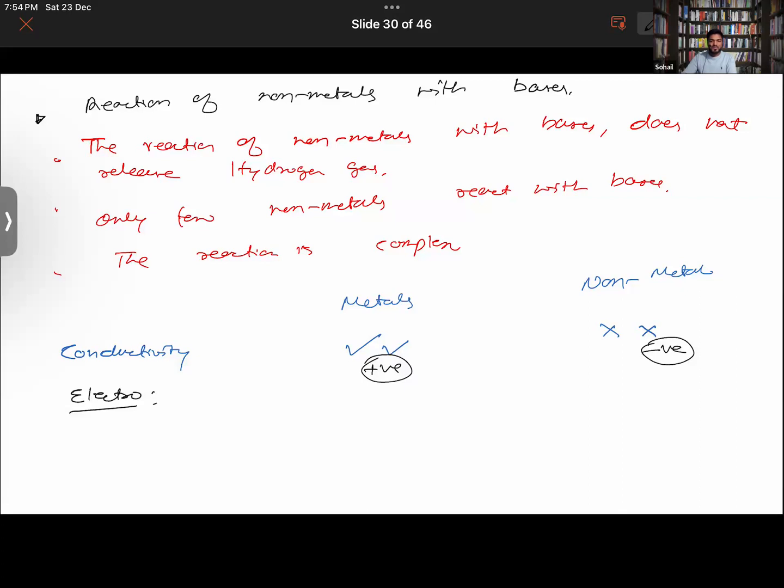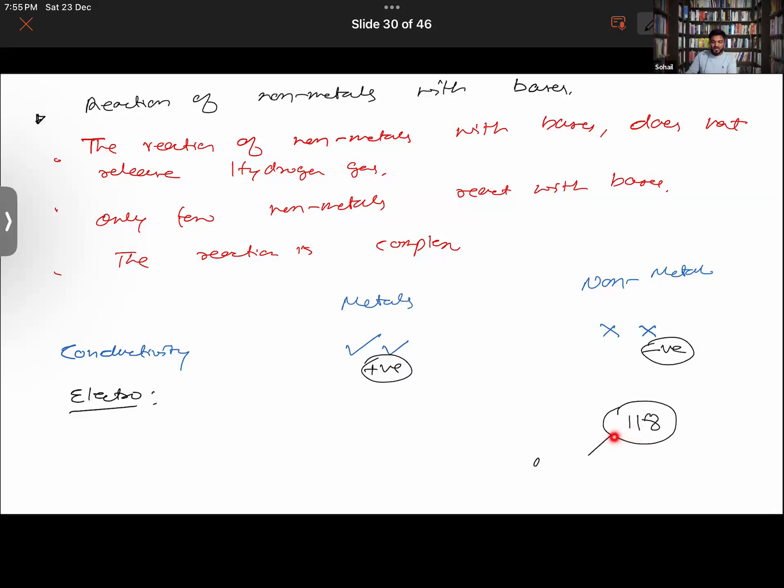So those are some of the examples. And for metals, there are so many metals, right? The majority of the elements are basically metals. Out of the 118 elements we have discovered so far, how many are naturally occurring?